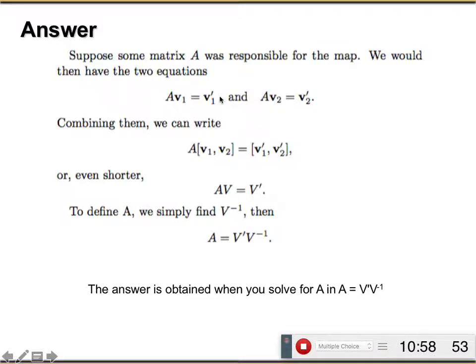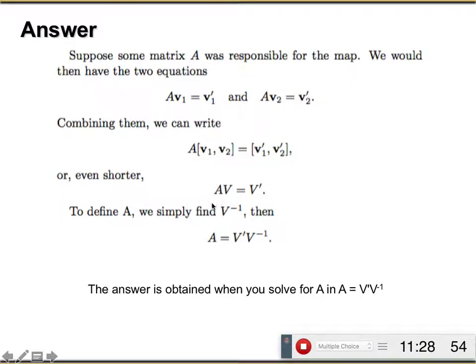Now since those are two equations and A does it for both of them, I can write them next to each other, and I can write A times the concatenation of two vectors V1, V2 equals V1 prime, V2 prime. Now, these are two-element column vectors, so when I put these together, this is also a matrix. So in matrix form, A times the matrix V equals V prime.